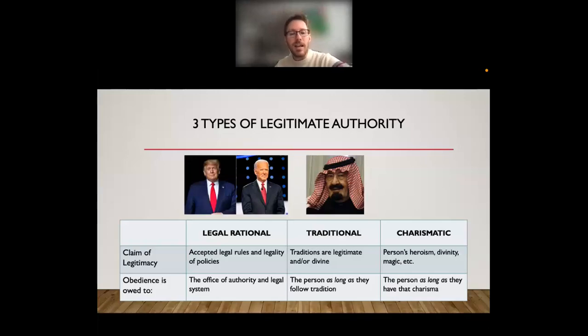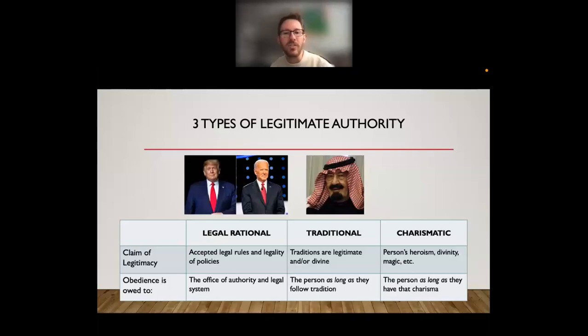As long as that person follows tradition, or in the case of illegitimate authority, they force people to follow, the obedience is owed to the person, right? So as long as the king of Saudi Arabia is not going outside the bounds of tradition, people in that country will follow him. If he goes outside of tradition, he will either need to exert force or he will lose his authority.